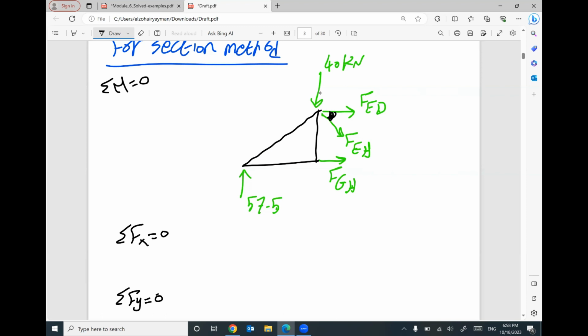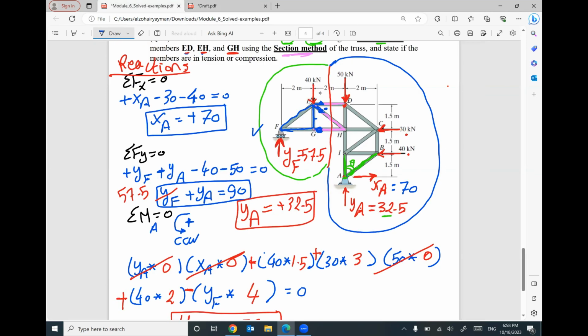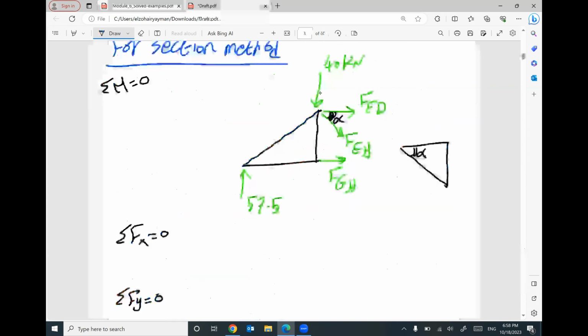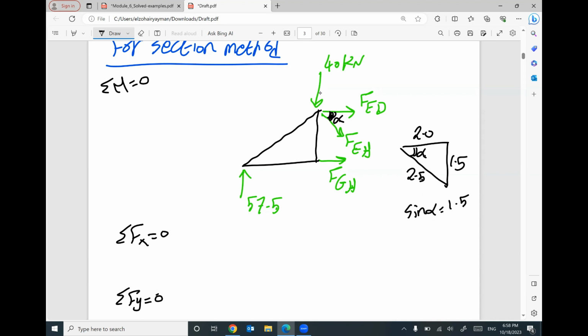I can label it alpha, the angle inside this right angle triangle. The horizontal distance will be 2 meters, the vertical one 1.5 meters, and the third one 2.5. So sine alpha equals 1.5 divided by 2.5. Cosine alpha will be 2 divided by 2.5.